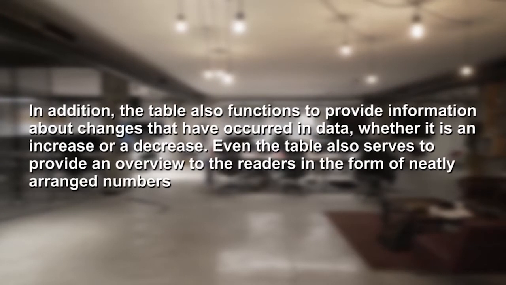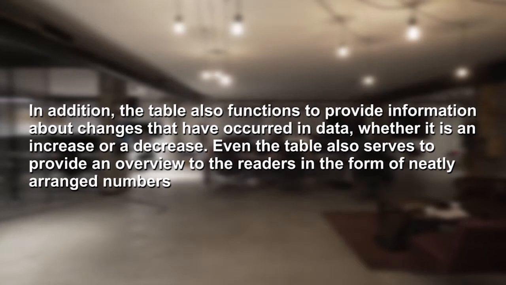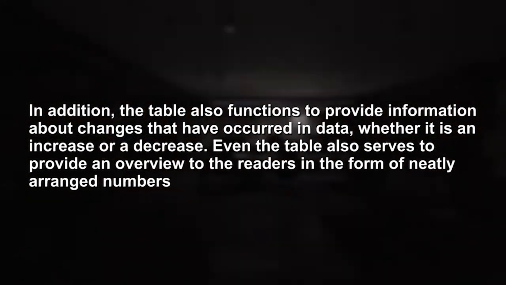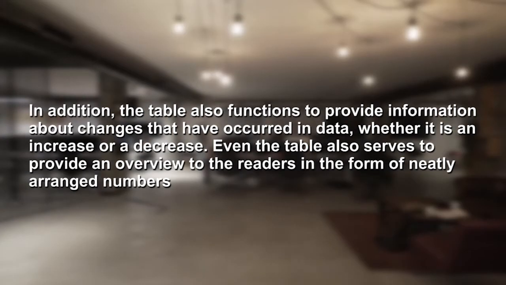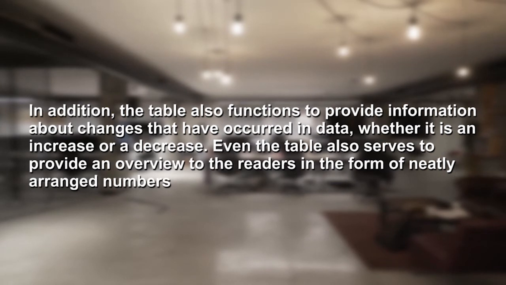In addition, the table also functions to provide information about changes that have occurred in data, whether it is an increase or a decrease. The table also serves to provide an overview to readers in the form of neatly arranged numbers.